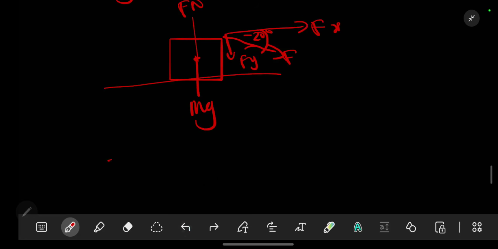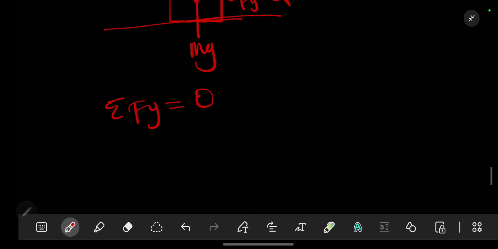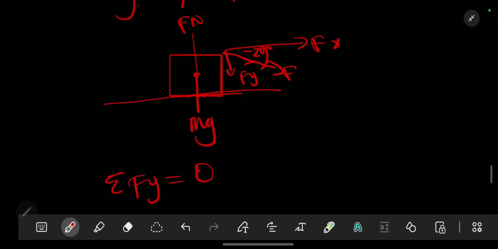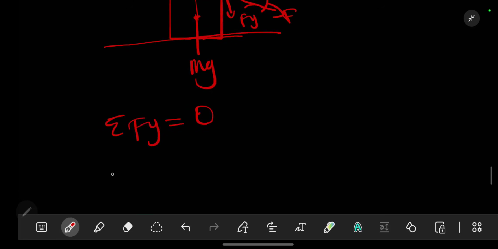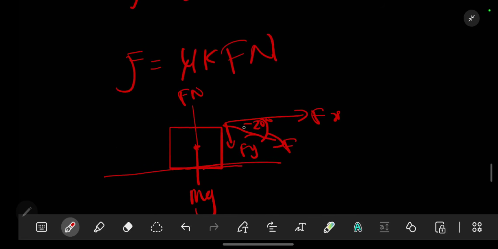You will understand. So we are going to use Newton's second law. Forces in the y should be equal to 0. We don't want it to lose contact, so it should be equal to 0 so that the contact is maintained. So our force in the y has the normal force, then adds the force in the y, if you accounted for this negative. If you didn't, you are going to subtract the Fy, because it is going down.